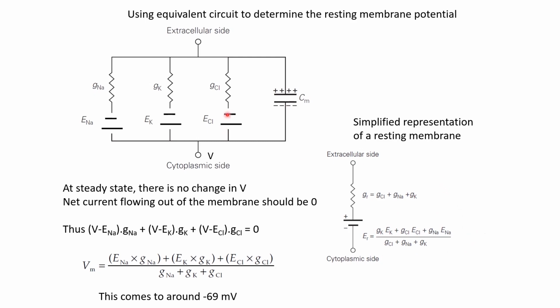And all these channels that are open in the resting state are sometimes called the leaky channels or leakage channels. So these are channels that are always open in the resting state of the membrane. And later we will talk about the active channels that are not always open but open in response to certain events happening in the neuron. But these channels that are always open are called leakage channels.